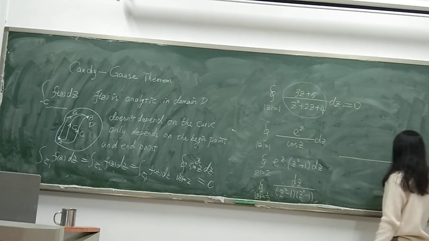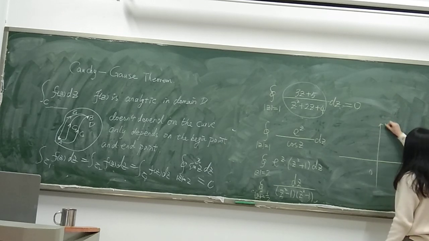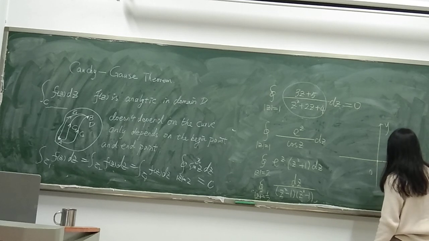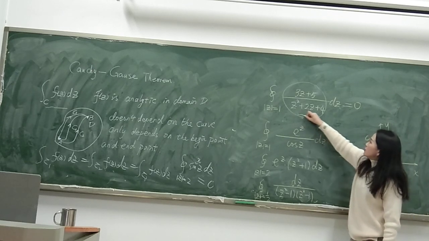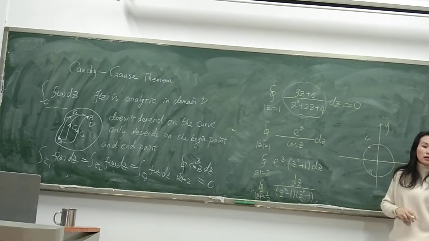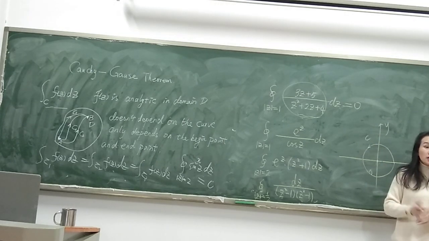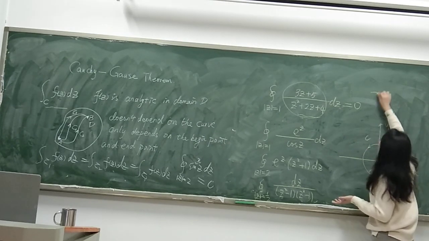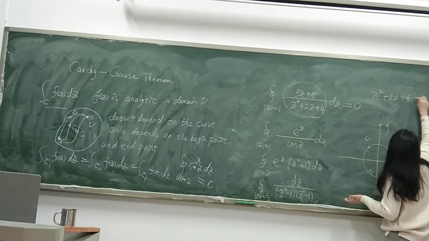For example, we know the modulus of z is a circle. Okay, this is C. But we know this is f(z). This f(z) is analytic except what? Except where z squared plus 2z plus 4 is 0.